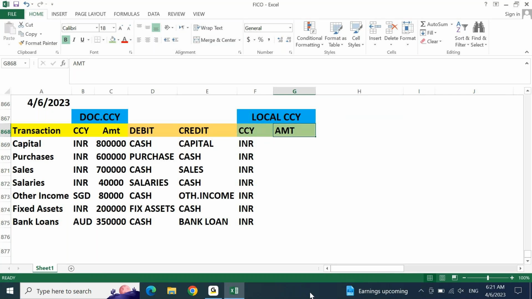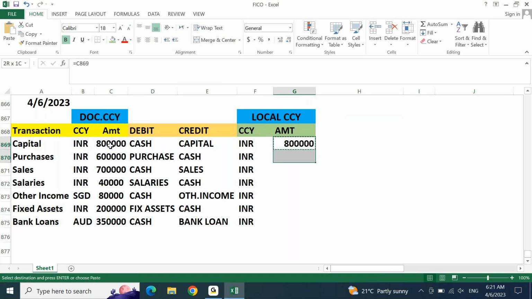It will first look at your document currency. If your document currency is the same as local currency, your document currency will become local currency. There is no conversion if your document currency is INR. Is that right? Yes, sir.